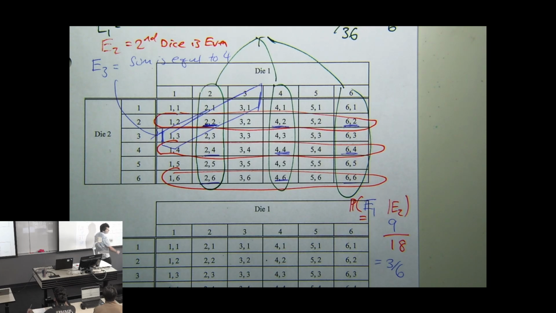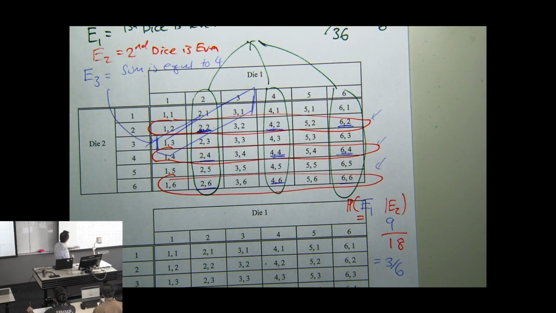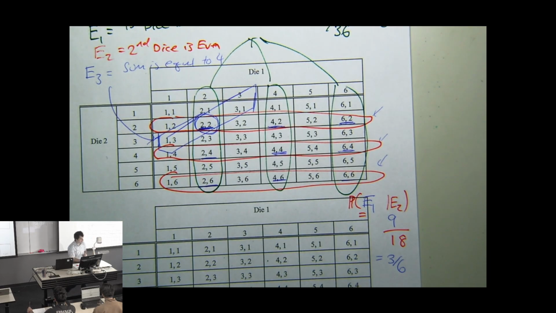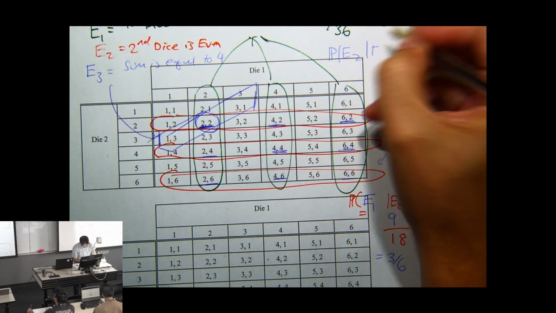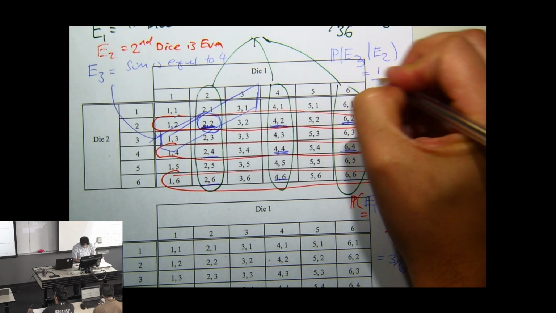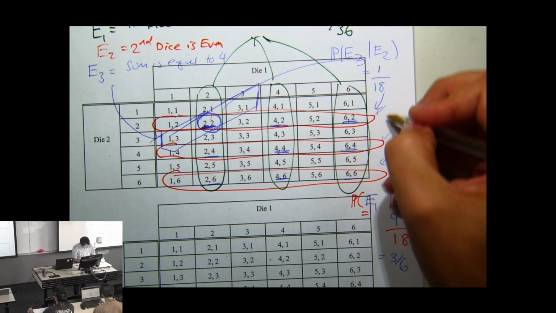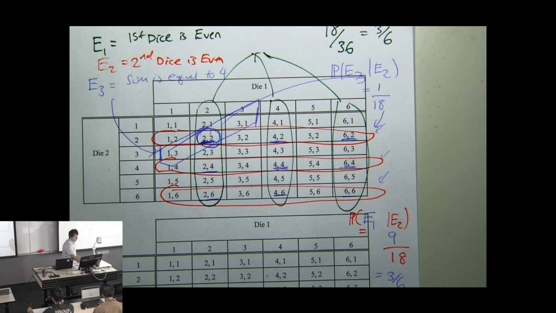But if you're given E2, then you're only looking at these 3 red rows, right? And out of the 3 red rows, there's 18 total things. How many of the total things are in E3 and E2? Just 1. So the probability of E3 given E2 looks like this. It is 1 out of 18, the 1 being this guy, and the 18 being these 3 rows. So out of the 3 rows, there's only one place that gives it to you.